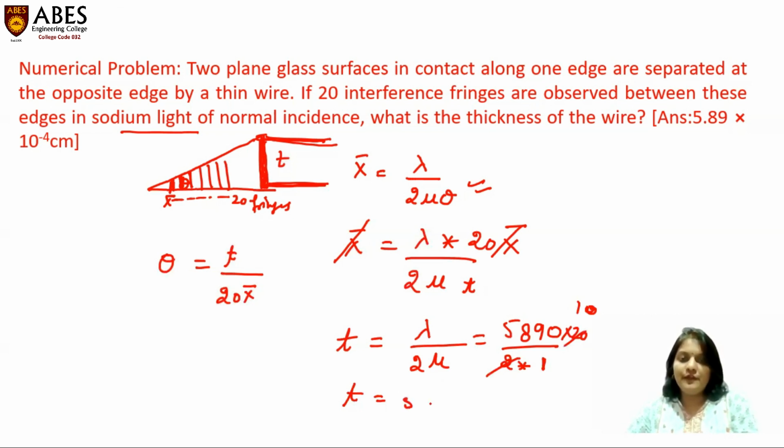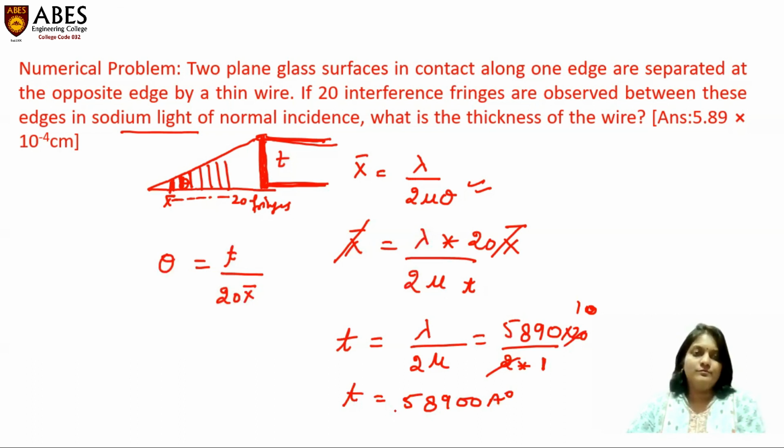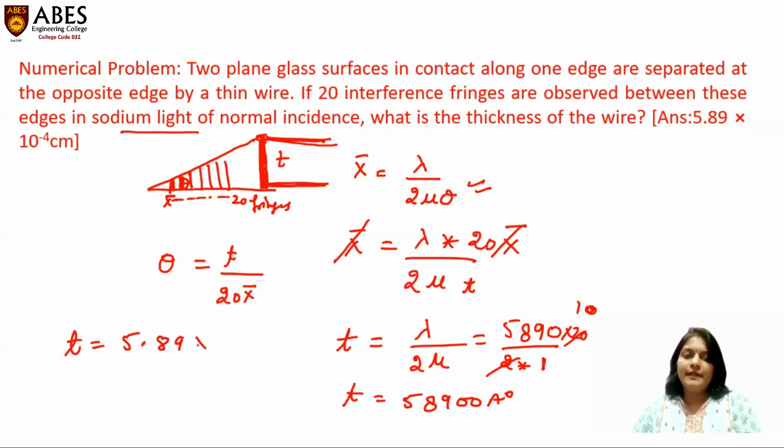So the thickness of the film is 58900 angstrom, or in centimeters, it is 5.89 into 10 to the power minus 4 centimeter.